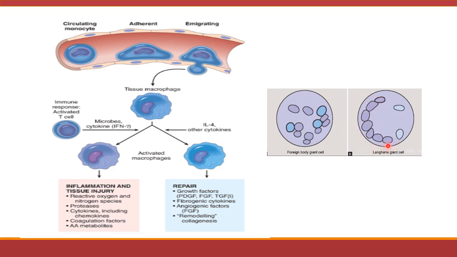This is the appearance of a type of giant cell called Langerhans giant cell. So we have two main types of giant cells we will deal with during the study in this topic of inflammation and the other topic of granuloma. We have the foreign body giant cells and we have the Langerhans giant cells.